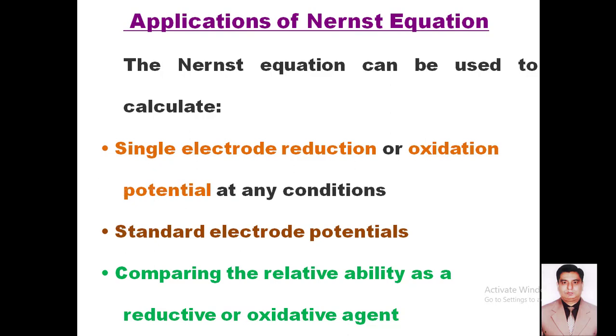You can also say that we can find out standard electrode potentials. And the next application is that, if we compare the relative ability as a reductive or oxidative agent, we can calculate it with the help of the Nernst equation.